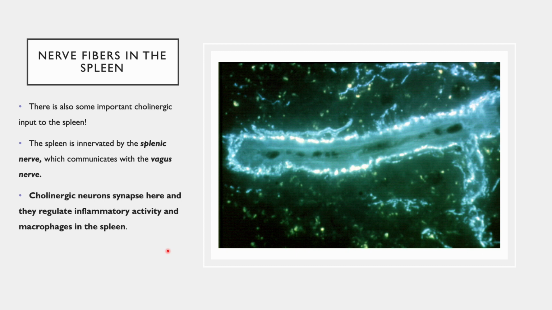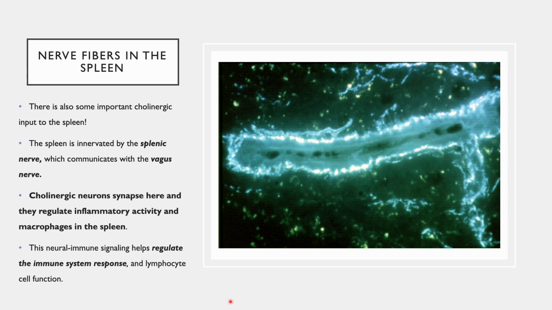Any type of inflammatory trigger can activate macrophages and microglial cells. Macrophages are important immune cells that perform phagocytosis in the periphery of the body. For example, if you had gram-negative bacteria or a pathogen in your blood, macrophages would become activated to eat up those pathogens and rid them from your body. So interestingly, cholinergic neurons can synapse here and help regulate that inflammatory activity in macrophages in the spleen.